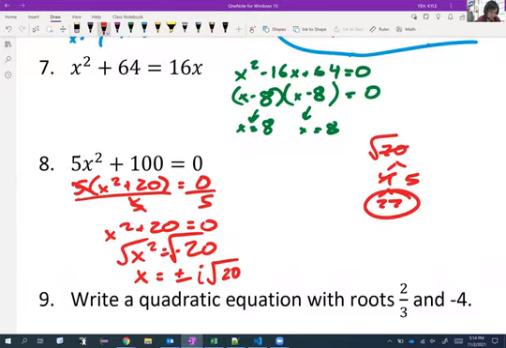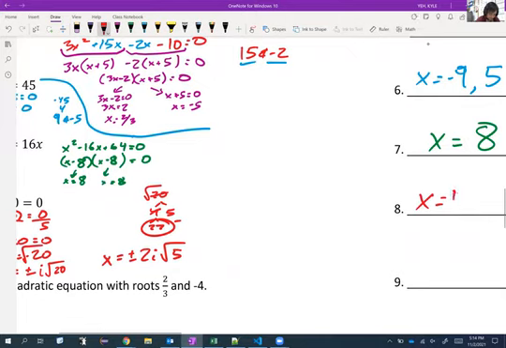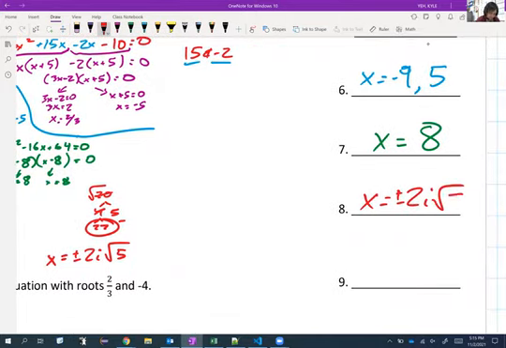So I have a pair of 2s, 5 left over. I'm going to say x is equal to pull the 2 out, plus or minus 2i with the 5 left inside. Plus or minus 2i root 5. And those will be our solutions for this quadratic equation.